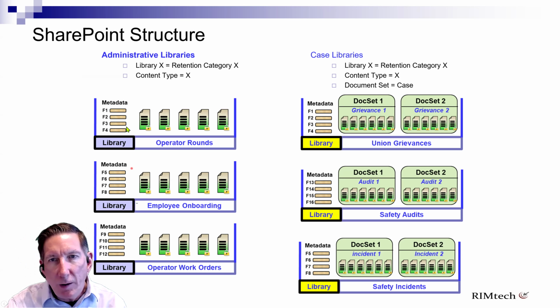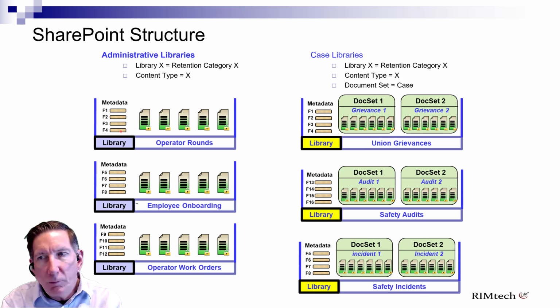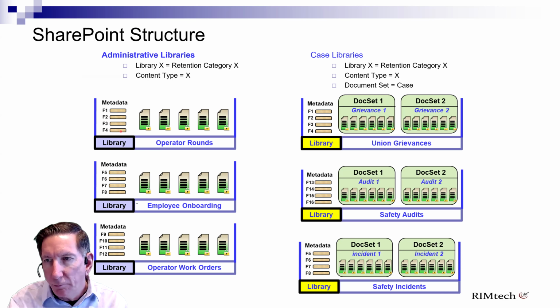Anyway, each library has a set of metadata that's unique to that library. By definition, each library's metadata must be different from the other 799, because if it was the same, it would be describing the same business activity. So they're all unique.